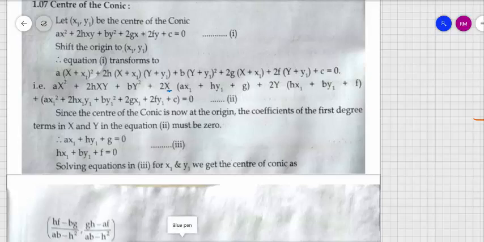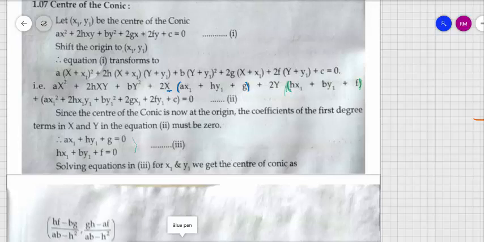This is the coefficient of x, which means this part will be 0. Actually 2 into this coefficient, but divided by 2 we get this is also 0 obviously. And second thing is here also the coefficient of y, that is 0. So in short, this equation is denoted by V3.